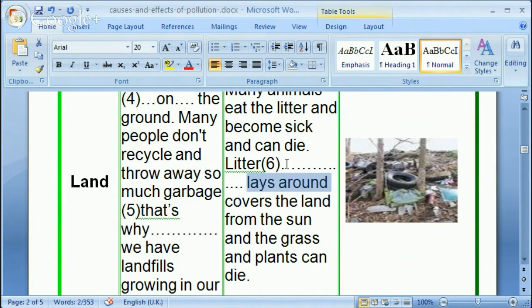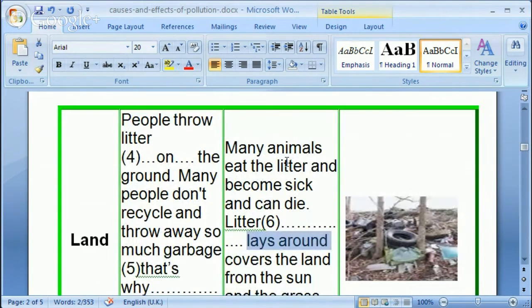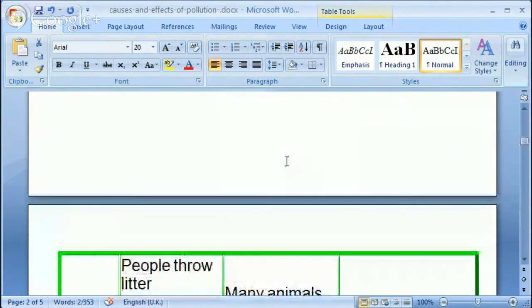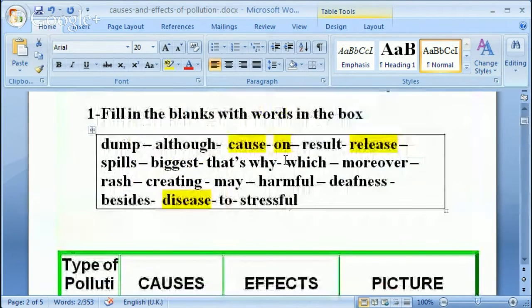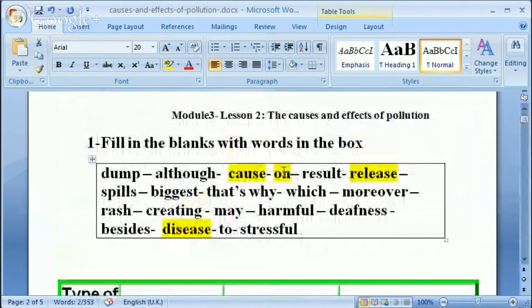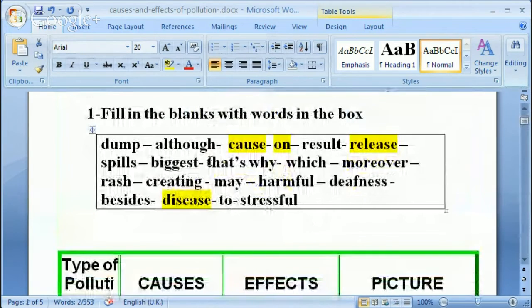Litter, something lays around. Okay. So looking at all my choices, I already chose that's why, so I'm going to get rid of that. Okay, what could work here as kind of an adverb? Litter, blank, lays or lay around.